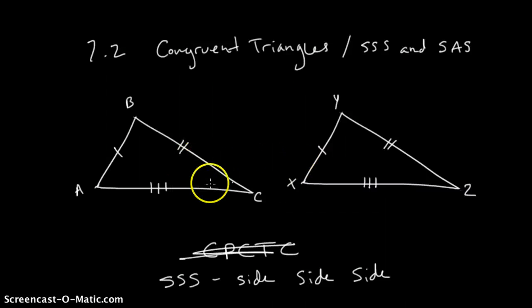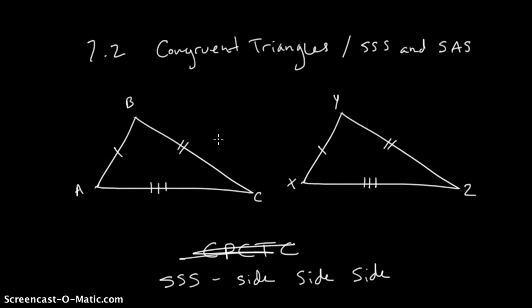So again, if the corresponding sides are congruent, then the triangles are congruent. So in this example here, you don't know anything about that angle, that angle, that angle. You don't know anything about any of the angles, but that's okay. Because when three sides are the same in both triangles, all the angles are the same as well.